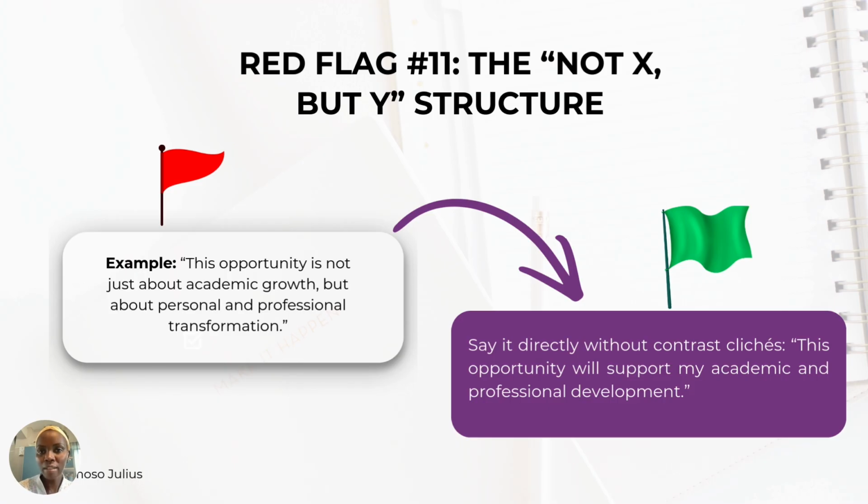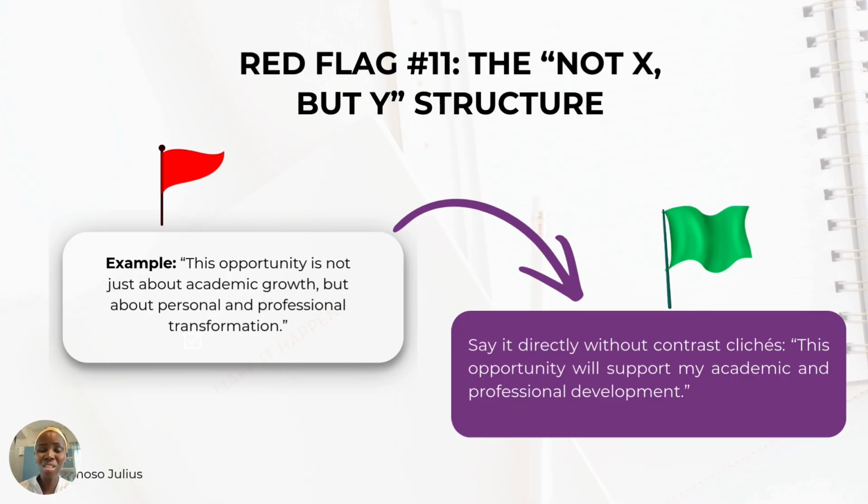Red flag number 11, the not X but Y structure. This is a contrast cliche that you often see in AI generated content. For example, this opportunity is not just about academic growth, but about personal and professional transformation.